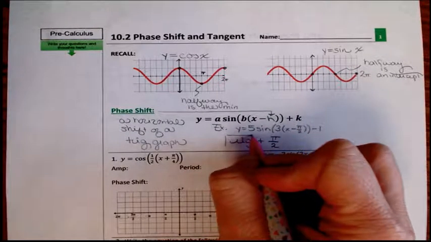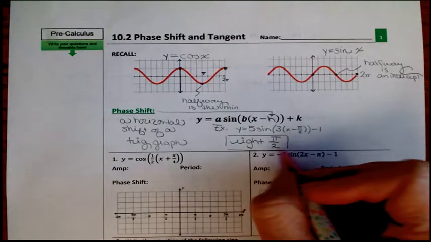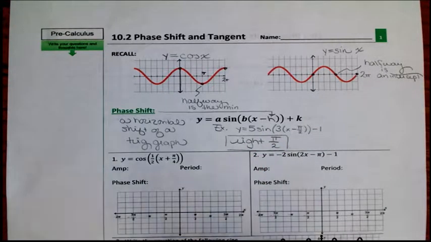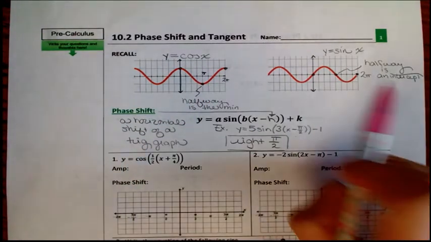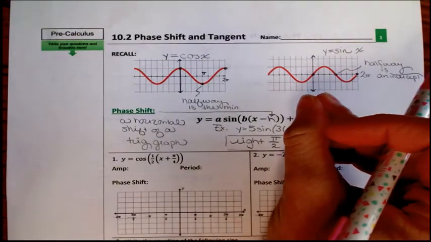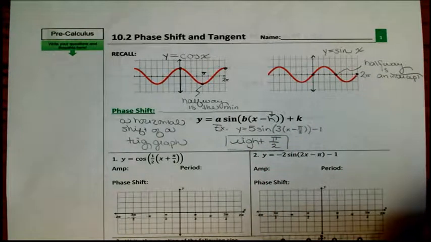Our sine function is going to translate to the right pi over 2 units. Every single point would be moving over the same amount.